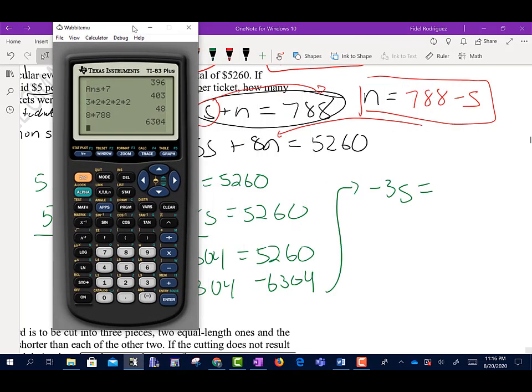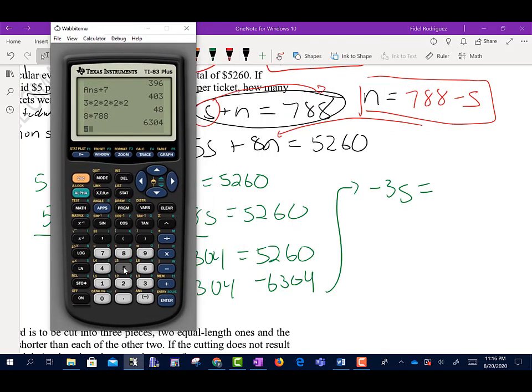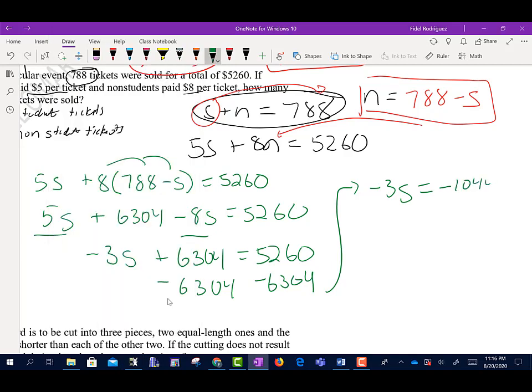What am I subtracting? 5260 minus 6304. That gave me a negative 1044. And all we need to do now is divide both sides by negative 3.